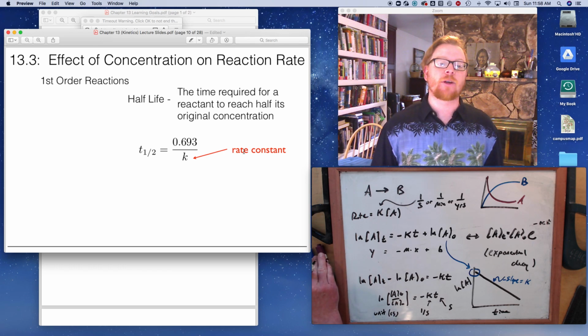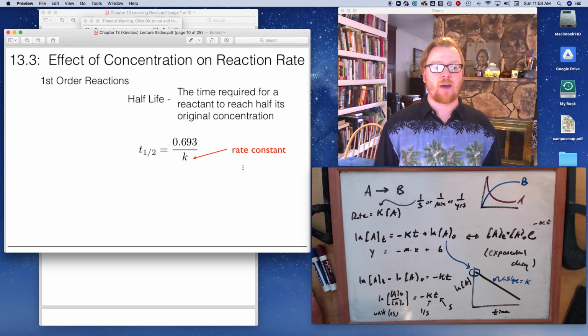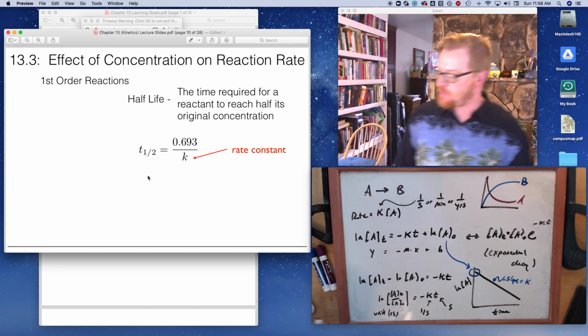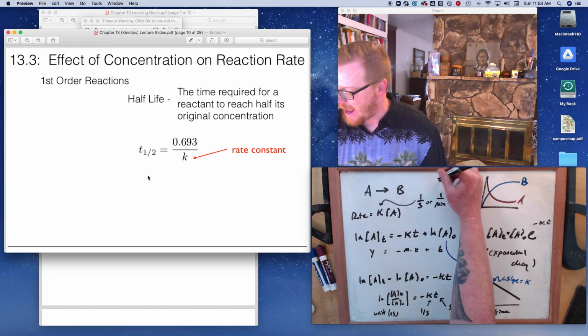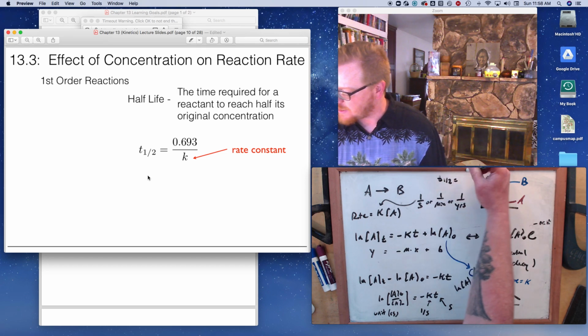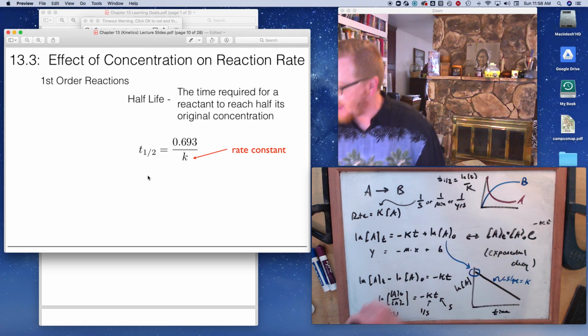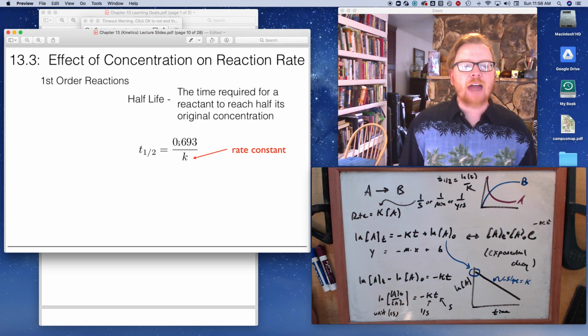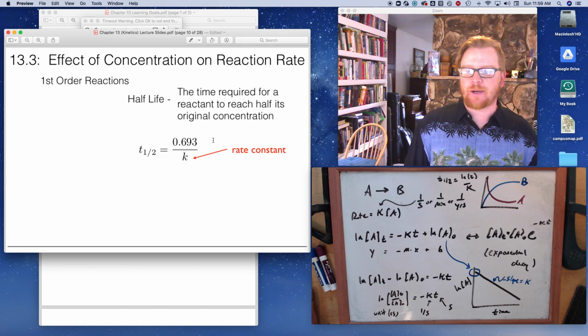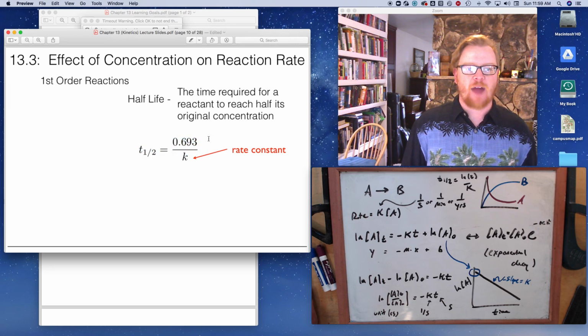So I'm not going to make you memorize equations. I'm going to give you equations, but you have to know how to use them. The half-life, given as t1/2, is equal to the natural log of 2 divided by k. The natural log of 2 is 0.693. So this is the equation for half-life.